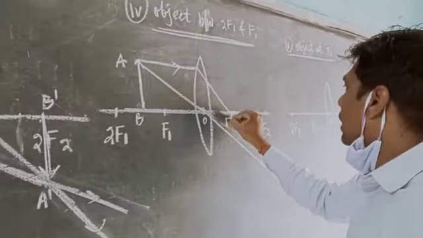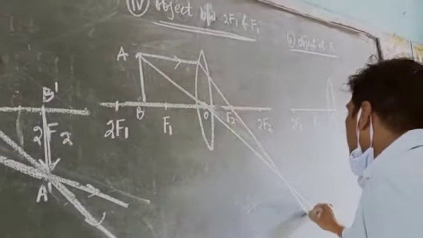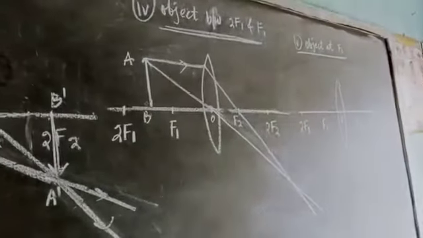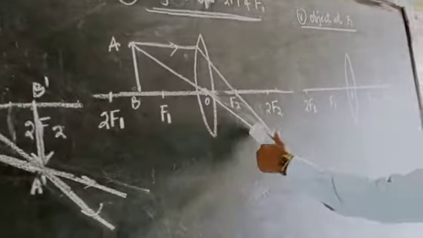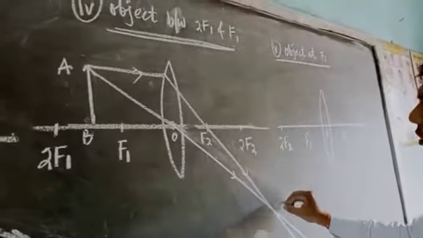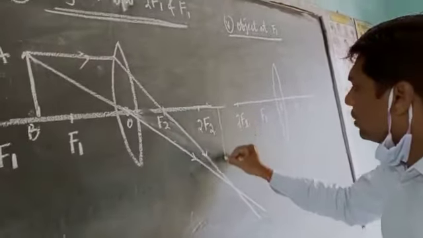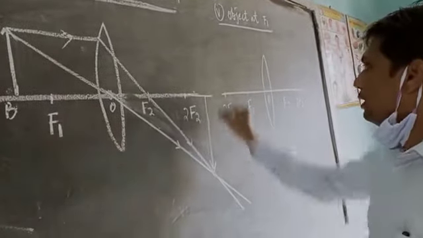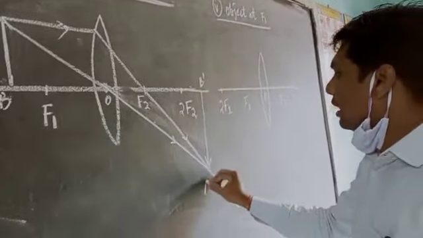This is f2. See here, at this position the refracted rays intersect each other, therefore the image will be created here. This is B dash and this is A dash.